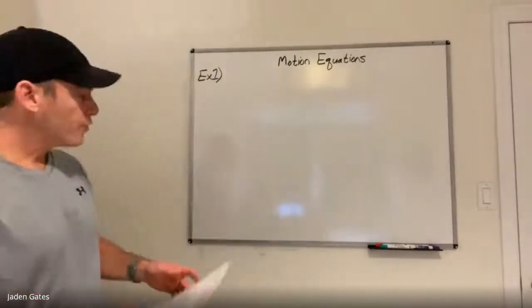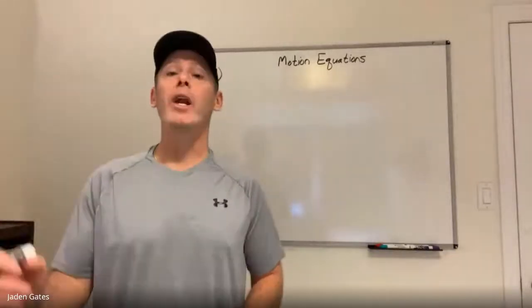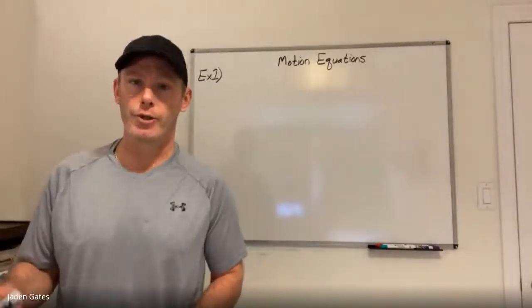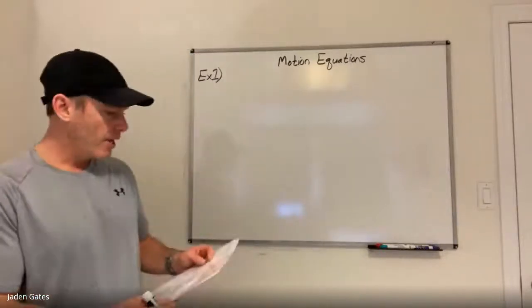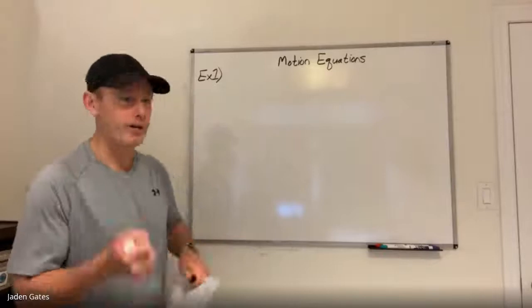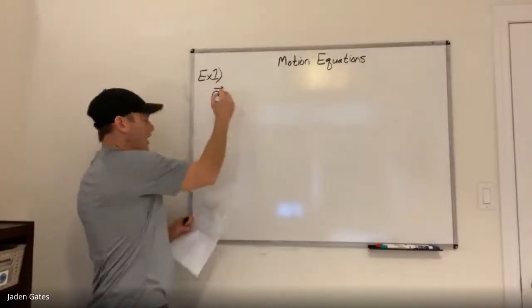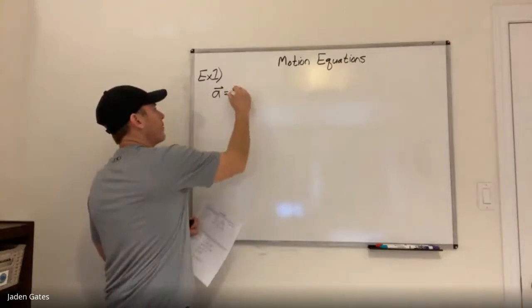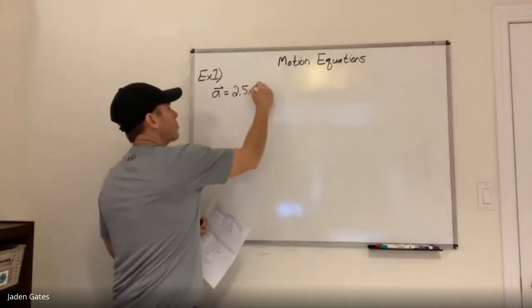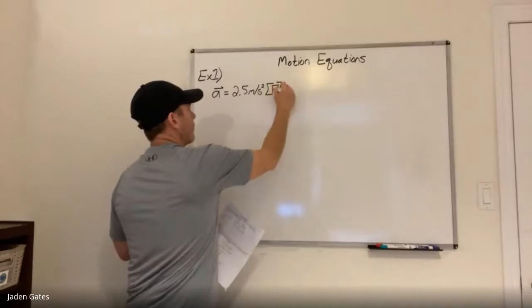We have an Olympic speed skater, they're accelerating, and I want to know how far they've traveled after 5 seconds. So what I want to write down is what information do I know and what information am I trying to find out? The Olympic speed skater begins the race and accelerates. Well, I know that is my acceleration, so I'm going to write that down. I got 2.5 meters per second squared forward, so I'll put an F for forward.